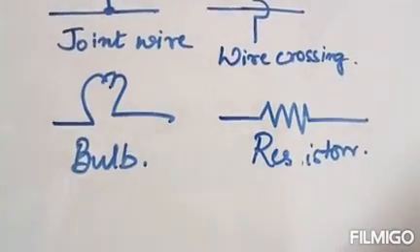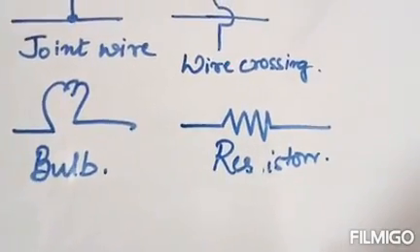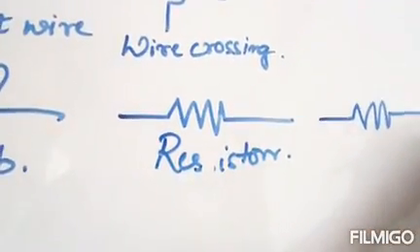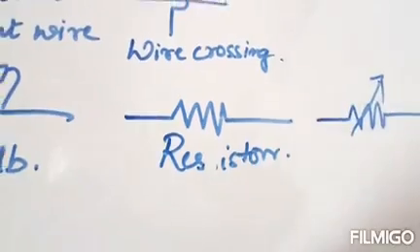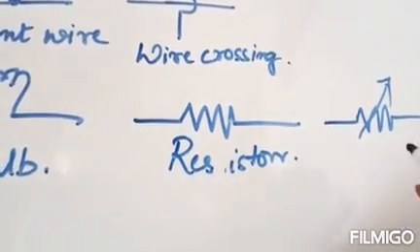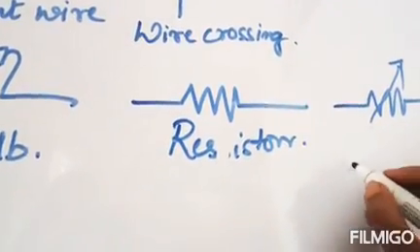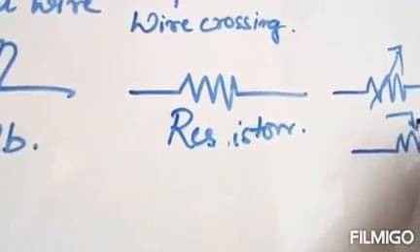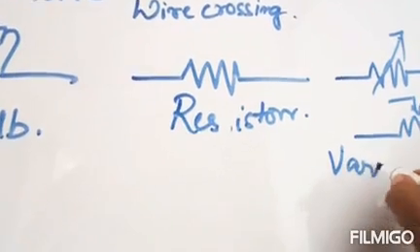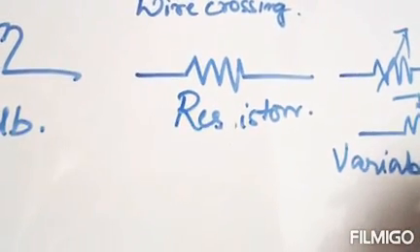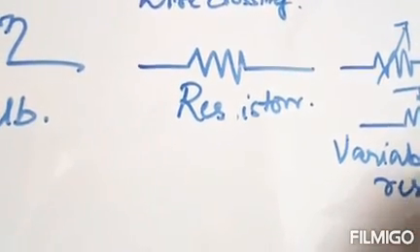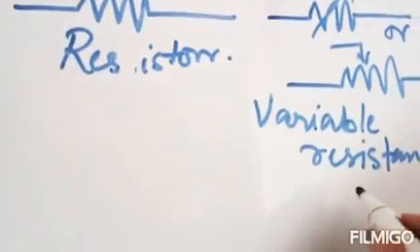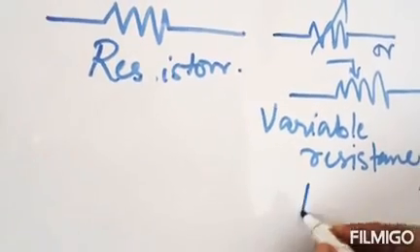Next is the variable resistance, represented by this or this. Another name given to it is rheostat.